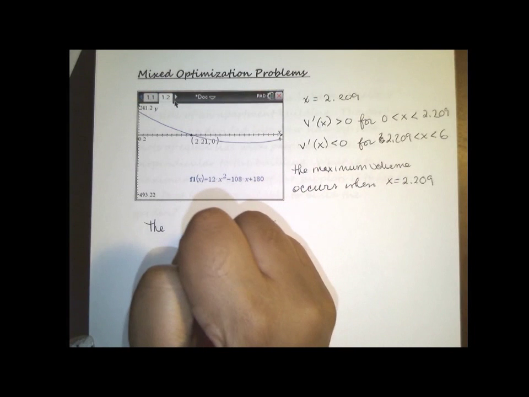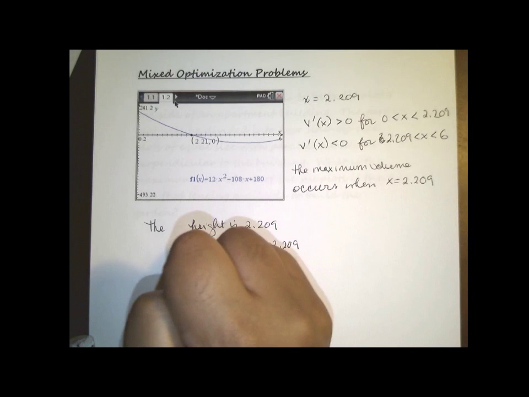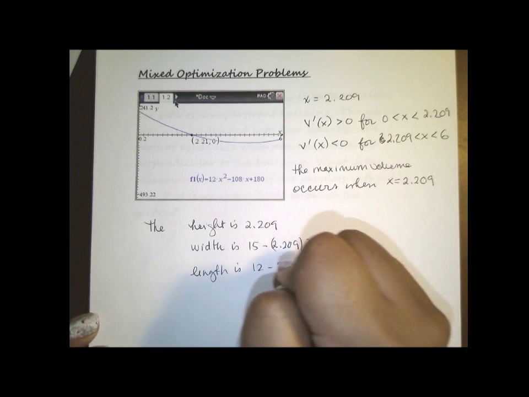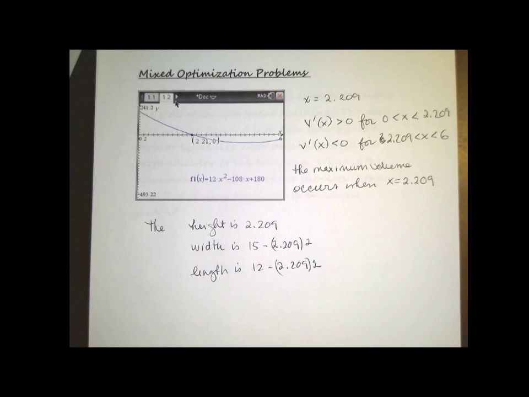The width is 15 minus 2.209, and the length is 12 minus 2.209. Sorry, this is being multiplied by 2, right? Because it's 2x. So you can figure out the actual width and length from those expressions. That'll give you the dimensions of the box.